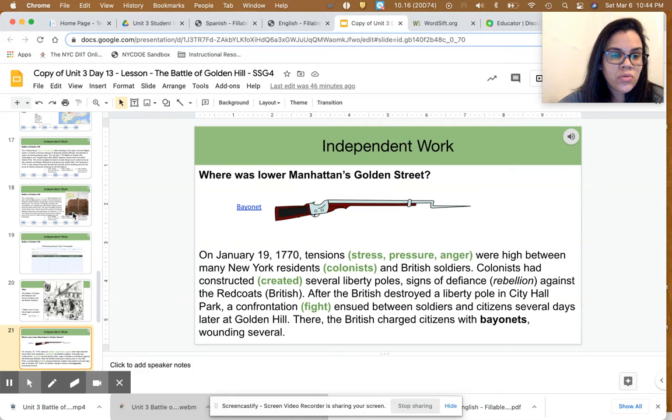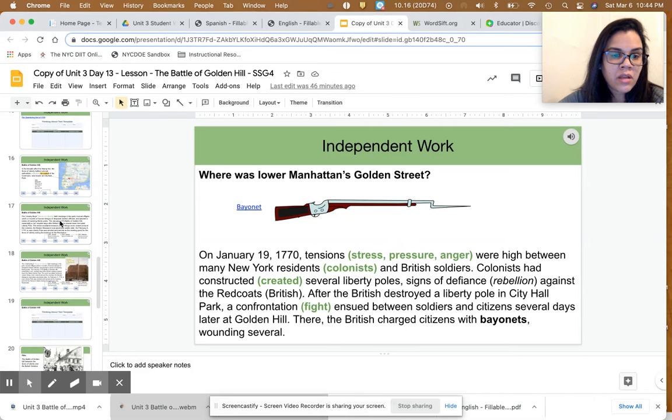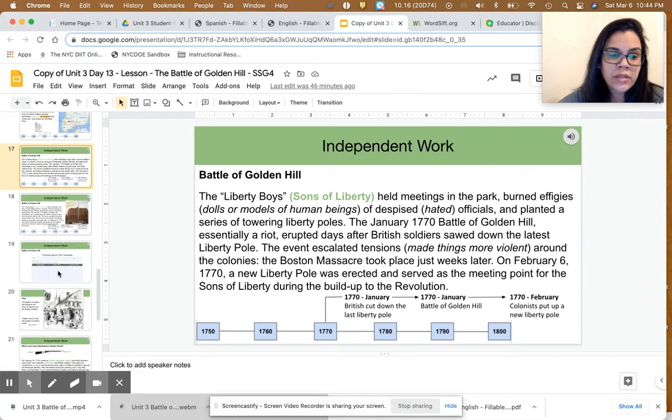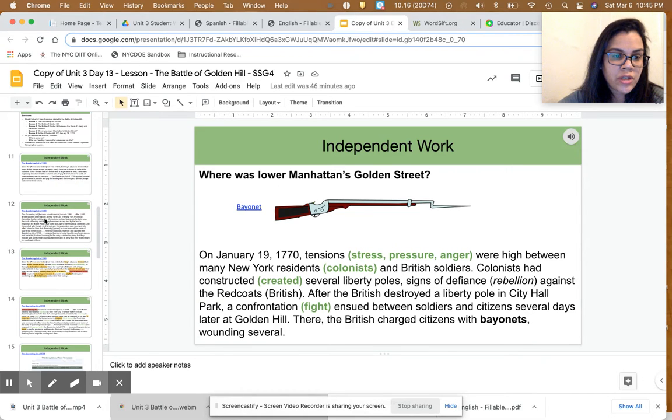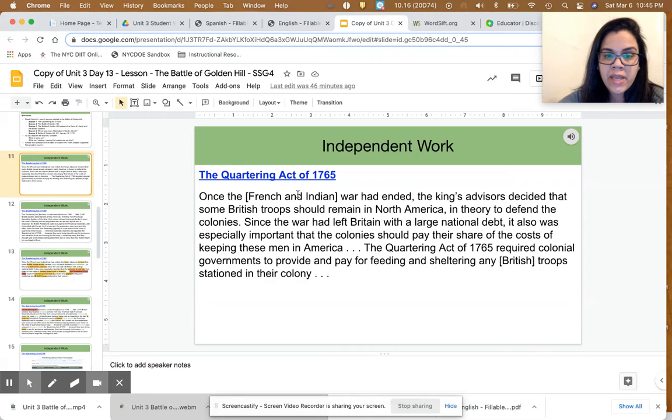Now you could choose to just assign either the Battle of Golden Hill or where was Lower Manhattan's Golden Street, but all students should have an understanding of the Quartering Act of 1765.